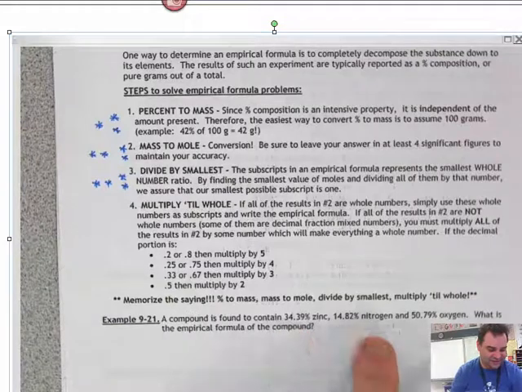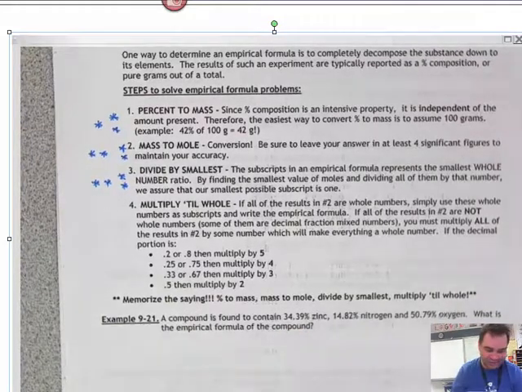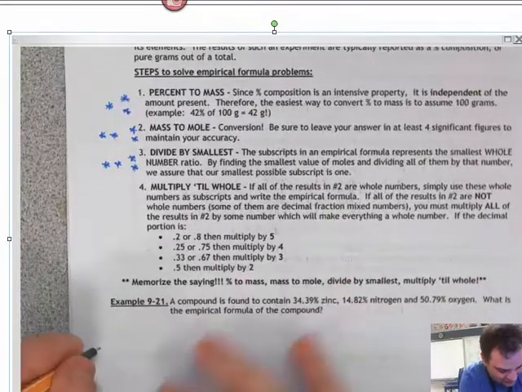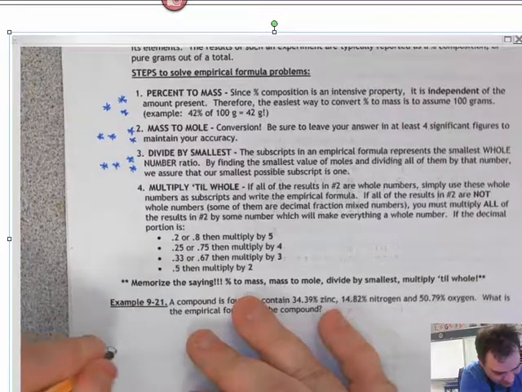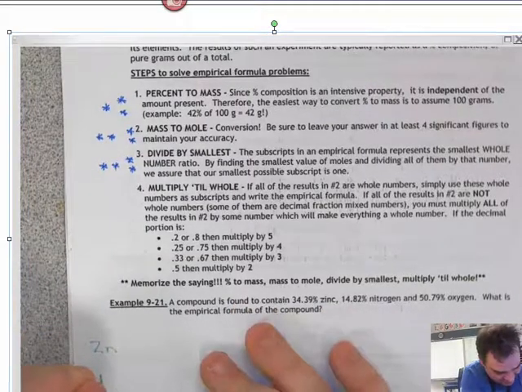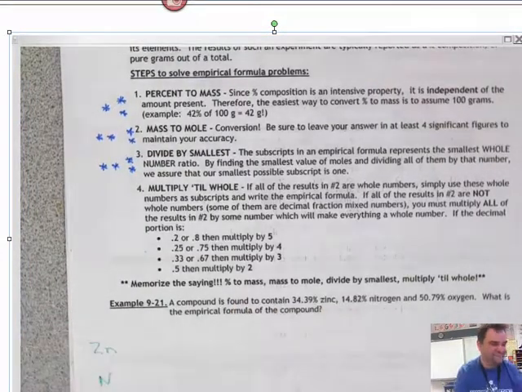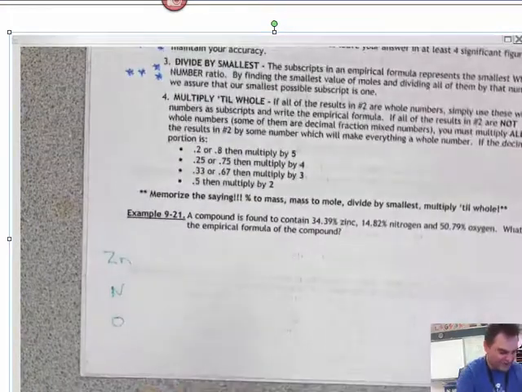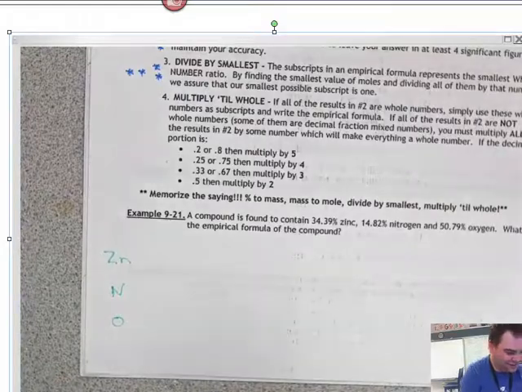A compound is said to have zinc, nitrogen, and oxygen. What is the empirical formula of the compound? Okay, here's how I expect you to do this. First thing we do, we write down our three elements: zinc, nitrogen, and oxygen. Okay? Then we write down our steps.